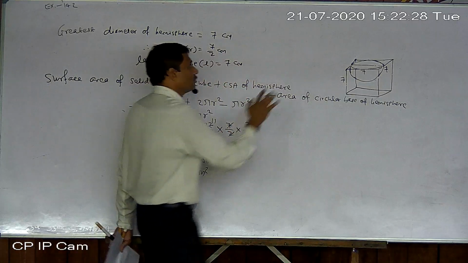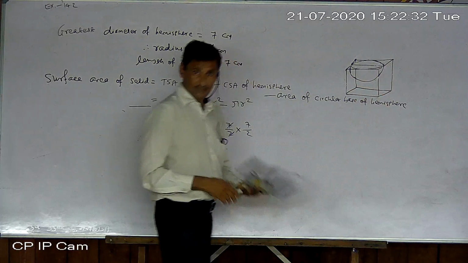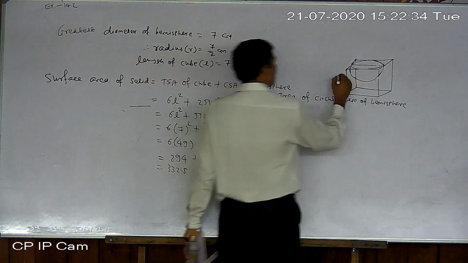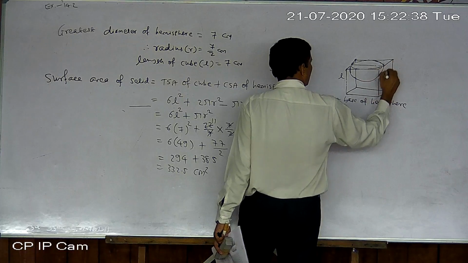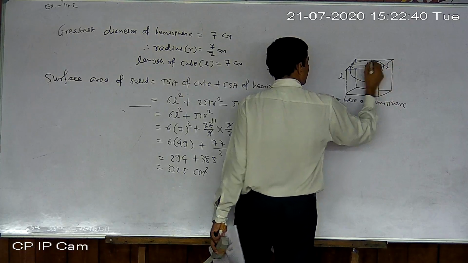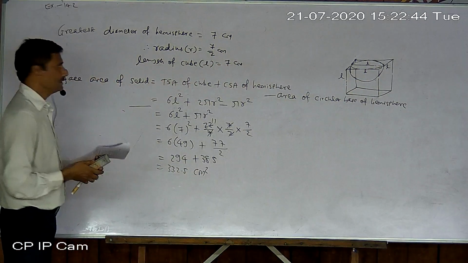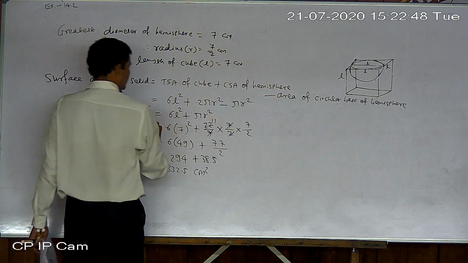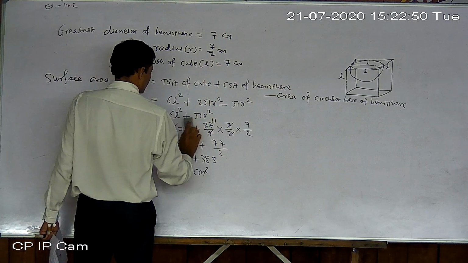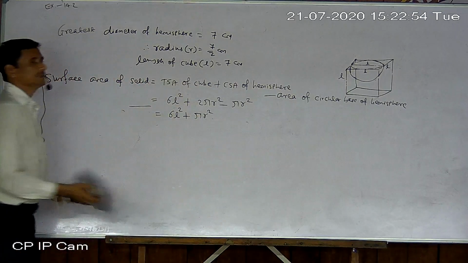And instead of measurements, they have given an unknown L. So diameter is L and length also L. So the height is L and the diameter is also L. So I just remove this part. Otherwise everything is repeating.